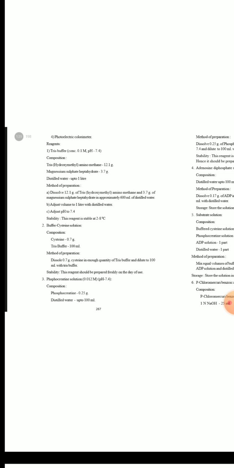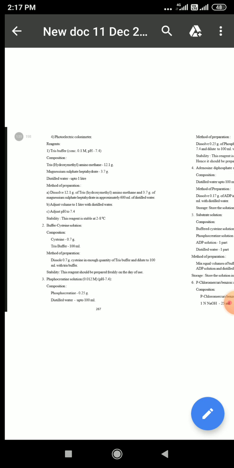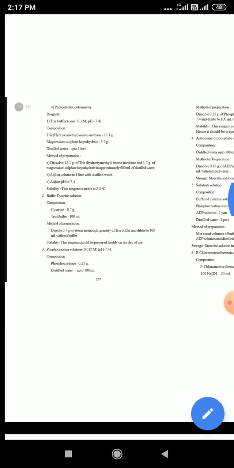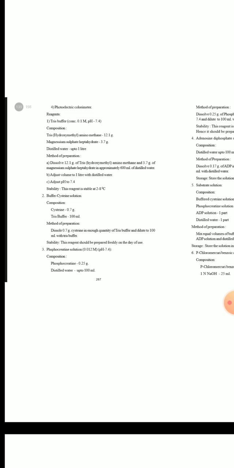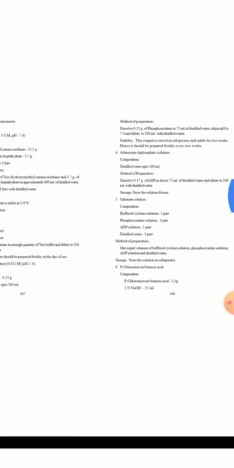Next we have buffered cysteine solution. Composition: cysteine 0.7 gram, tris buffer 100 ml. Method of preparation: dissolve about 0.7 gram cysteine in enough quantity of tris buffer and dilute to 100 ml with tris buffer. Stability: this reagent should be prepared freshly on the day of use. Next we have phospho-creatine solution. For this we require phospho-creatine around 0.25 gram, distilled water up to 100 ml.